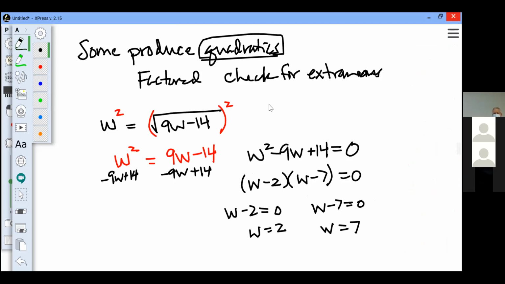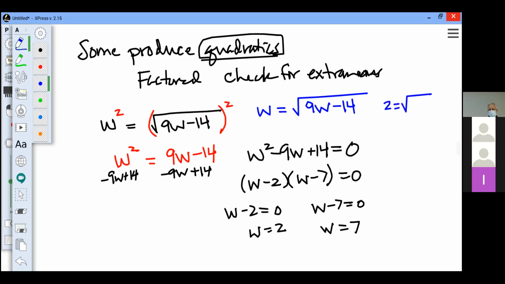Now, do they both work? So when I go back to my original equation, I've got to see if 2 works and if 7 works. I think in this case, they both work. Sometimes you get one that doesn't work. If I put in 2, I'd have the square root of 18 minus 14, which is 4, okay, that's good. 2 works.